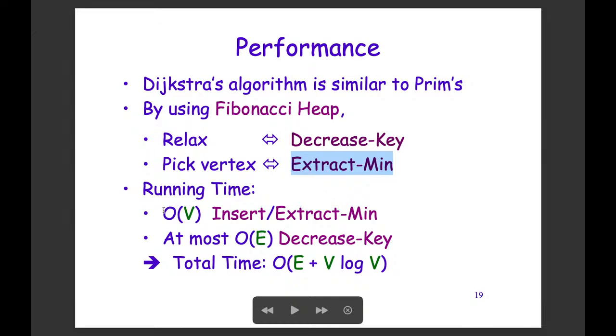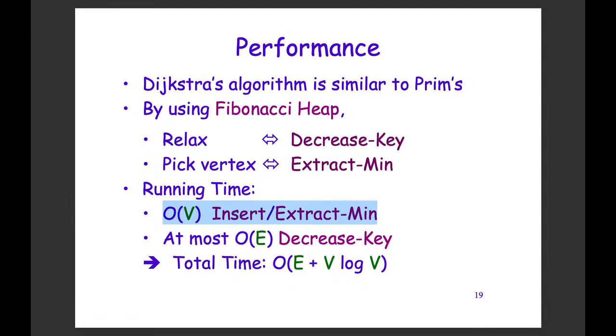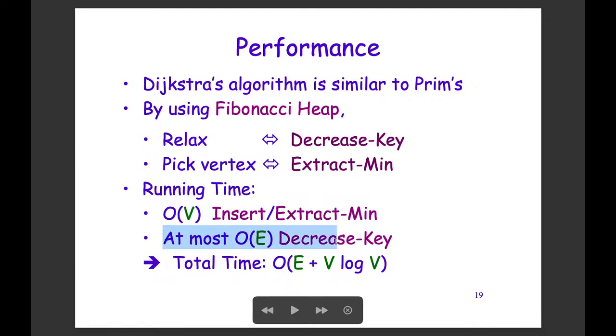So in summary, order V insert or extract min, order V insertion at the beginning. So we insert all the nodes at the beginning with value infinity, except that the source S has value 0. And then each round we will perform an extract min. And each round we will perform decrease key operation based on the new nodes that we select.